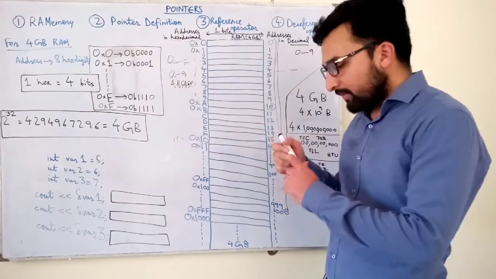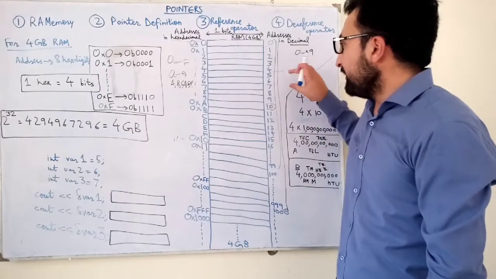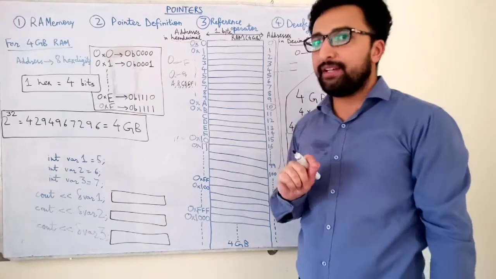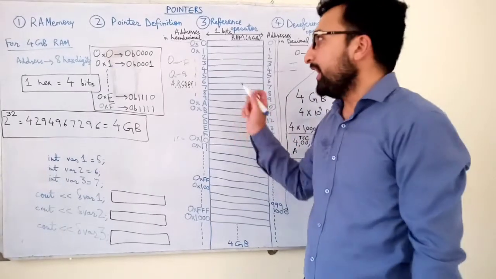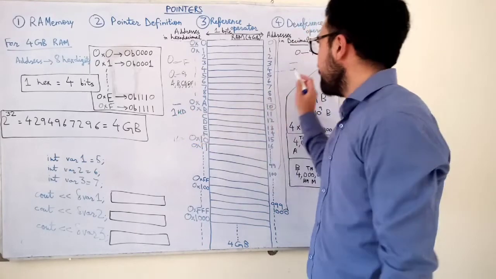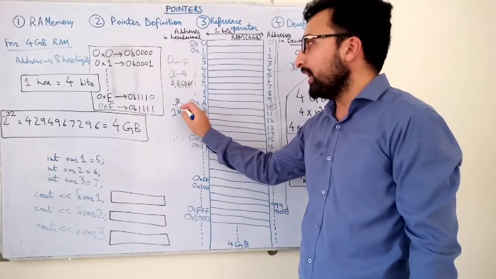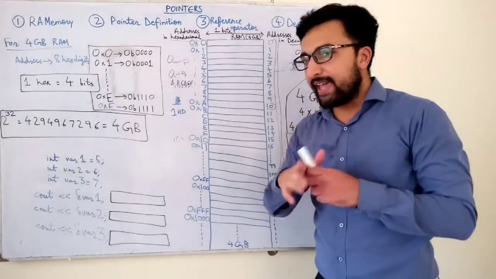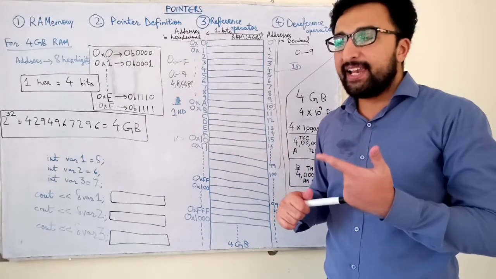For example, when we were talking about decimal numbers, we could only write 10 different numbers from 0 to 9 if we had only one decimal digit at our disposal. Similarly, when we have one hexadecimal digit at our disposal, we can write 16 different things here: 0, 1, 2, 3 up to 9, and then A, B, C, D, E and F. So this extends our range of accessibility with a single hexadecimal digit.